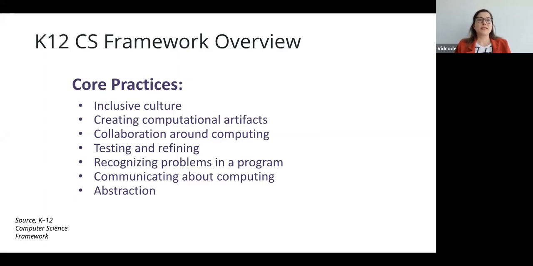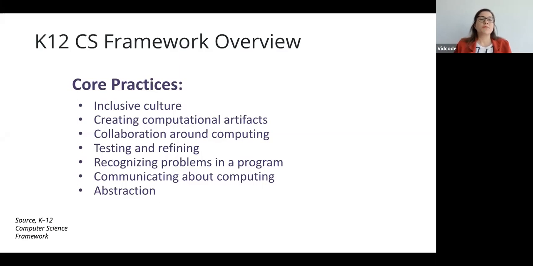Those things are really easy to bake in when we're talking about modern-day issues that are affecting our students, locally or regionally. Creating computational artifacts, on Vidcode, we see as creating any web sketch, but it can be even a bar graph or a drawing of an understanding of the XY coordinate system that relates to a computational practice like that.